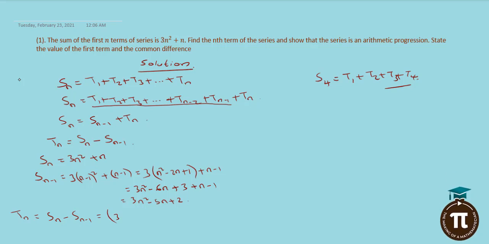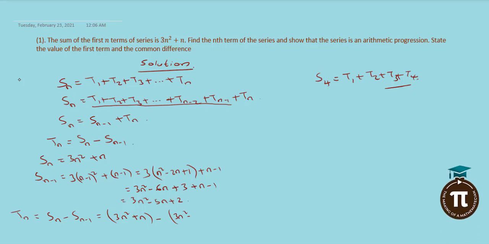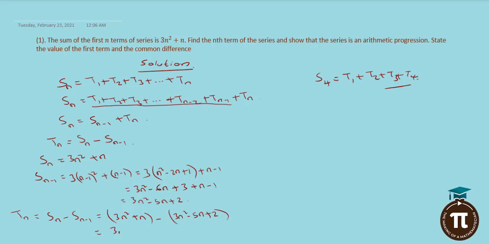So put it there: 3n squared plus n minus Sn minus 1, which is 3n squared minus 5n plus 2. By the time you open the brackets, the minus will multiply the bracket. Minus 3n squared, minus times minus will give me plus 5n, minus 2.